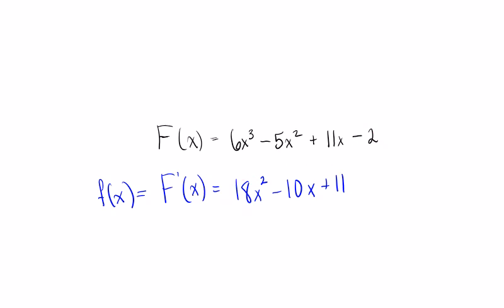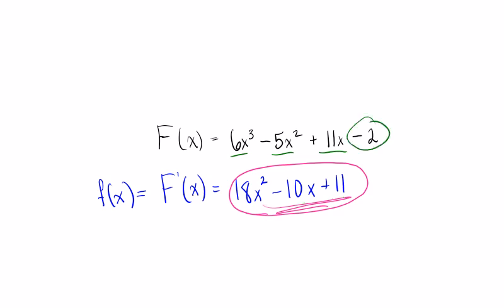If I was given this and asked to find the antiderivative, thinking what function could I derive to get this value, there's actually an infinite amount of them, right? Because I could get the 6x cubed, the negative 5x squared, the 11x. Those are the things I would have to derive to get those values. But there are a lot of constants I could tag on the end and still get the same thing, right?